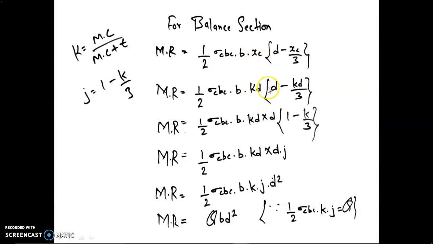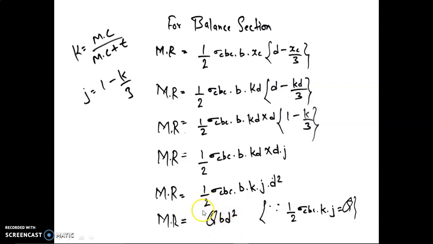So here we put XC equal to KD, and when we simplify this part, finally we get half sigma CVC b KJ d square. So half sigma CVC KJ is called Q, and the remaining part is the same, b d square. The final formula for the moment of resistance in case of a balanced section is Q b d square.